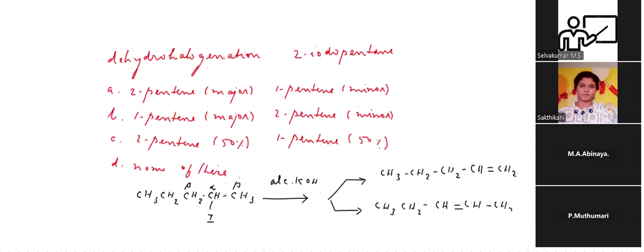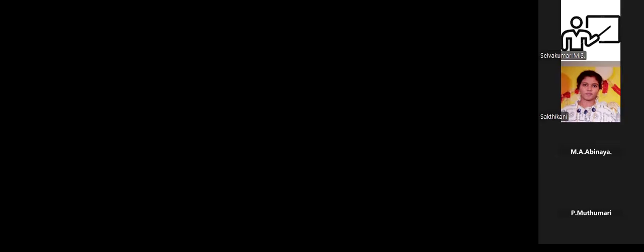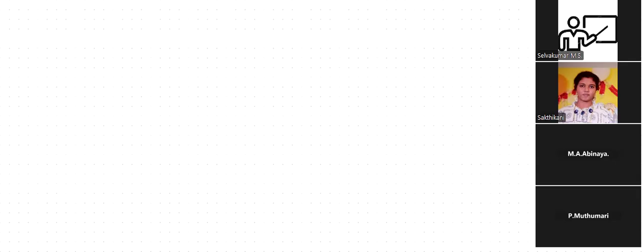I've already told you this is more favored than this. Therefore, this will be the major product and this will be the minor product. The major product will be 1, 2, 3, 4, 5, 2-pentene. The minor product will be 1-pentene. So option A is the correct one.